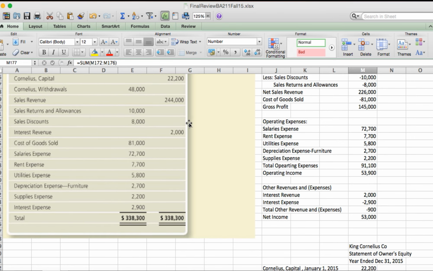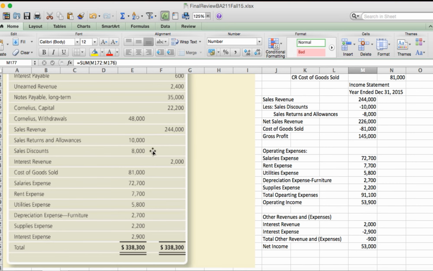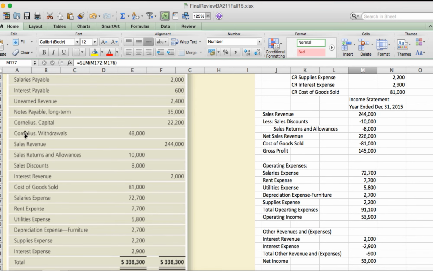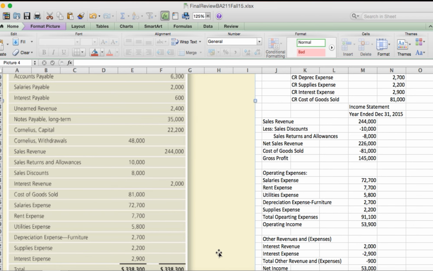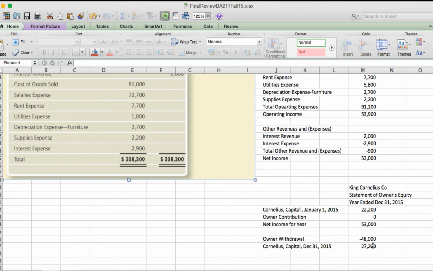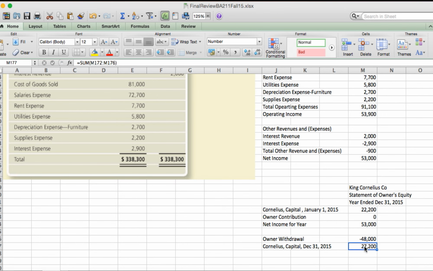So if you had to do a balance sheet with this information, basically you would take out all of the temporary accounts, which is from this line down. So we take all of that out and leave everything above that the same except for owner's capital, which changed based on our statement of owner's equity, and this would be the new number there.